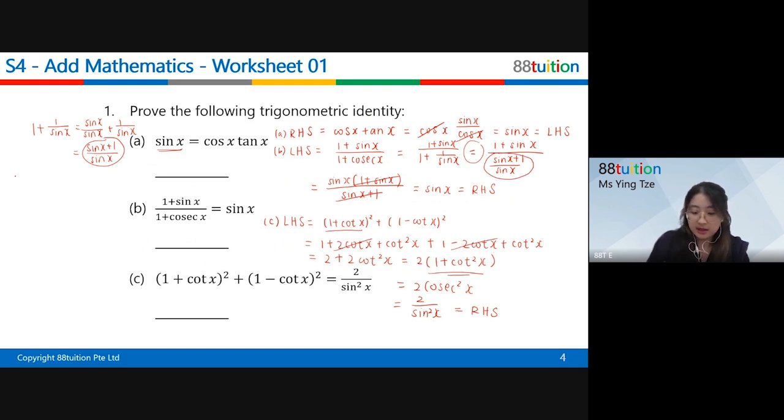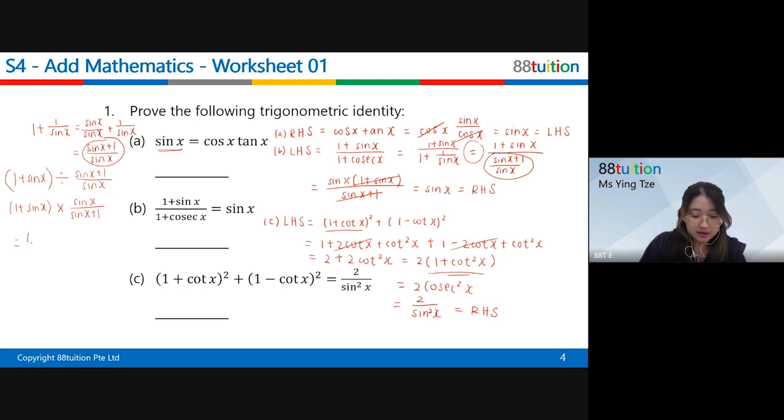And then after that, I took 1 plus sine x divided by sine x plus 1 divided by sine x. So when we do division of fraction, we can change this to multiply, and then this fraction will flip around, right?